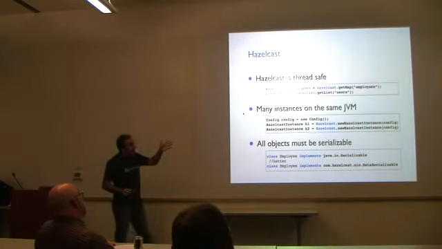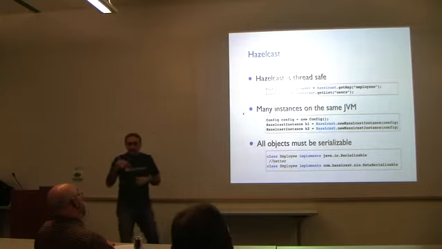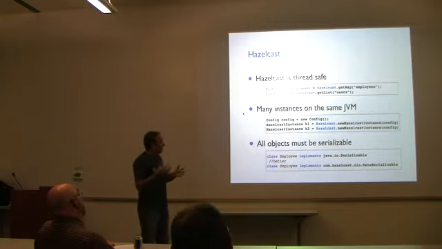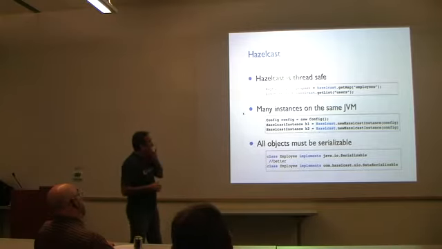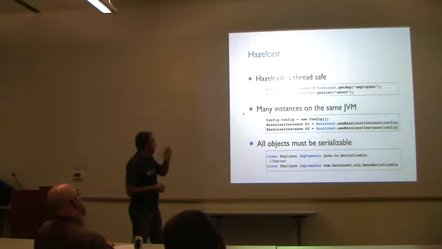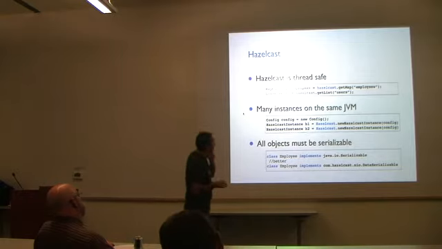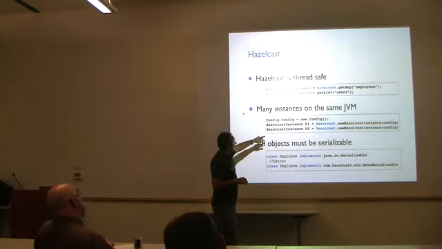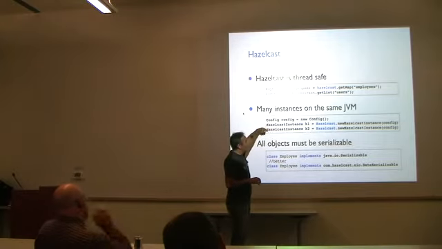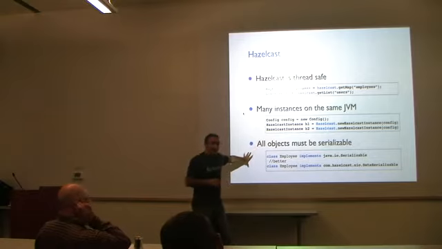Hazelcast is thread safe, so you don't have to do locking and then put stuff. The entire API is thread safe. So we saw that you can start many instances in the same JVM. And we rely on serialization.